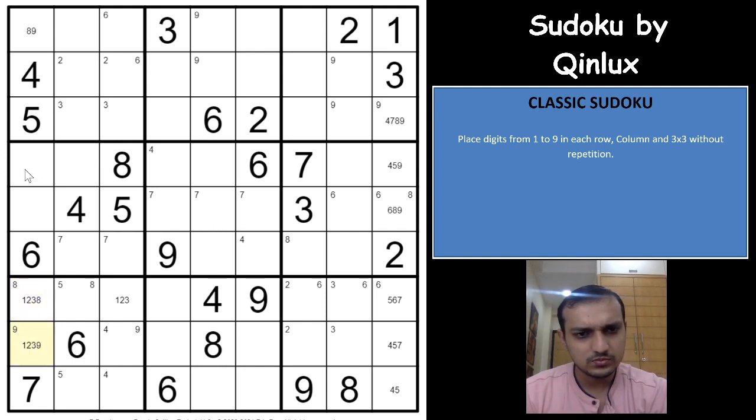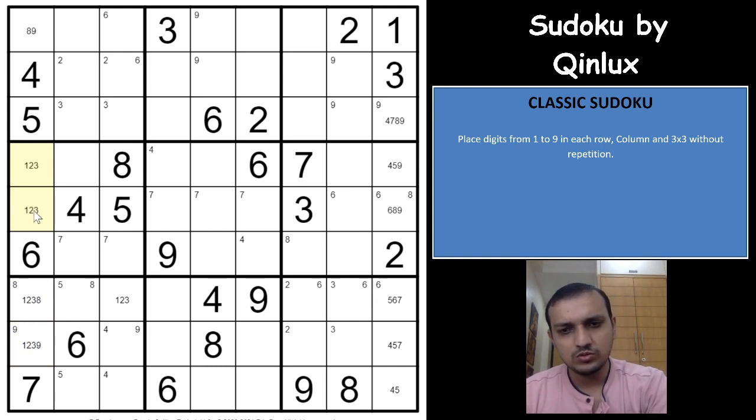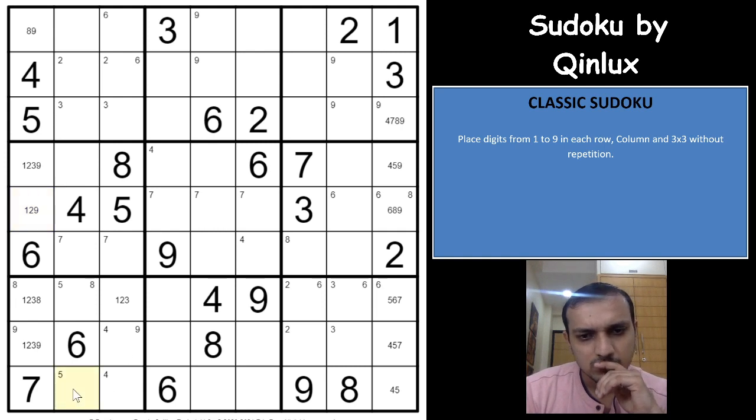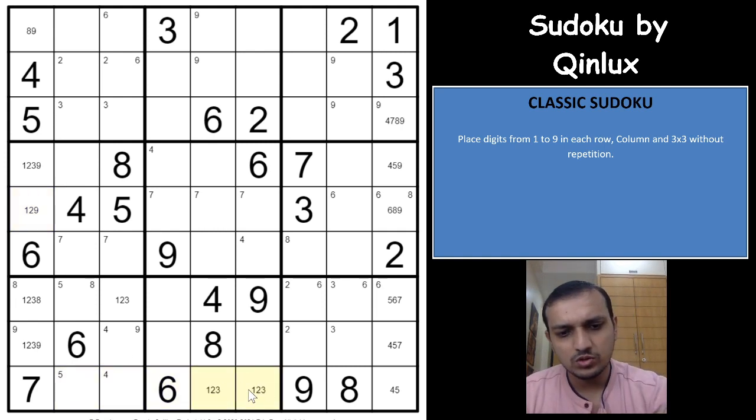Okay, 1 2 3 and 9. 3 cannot be here. 1, 2, 3, 5. 2 cannot be here.